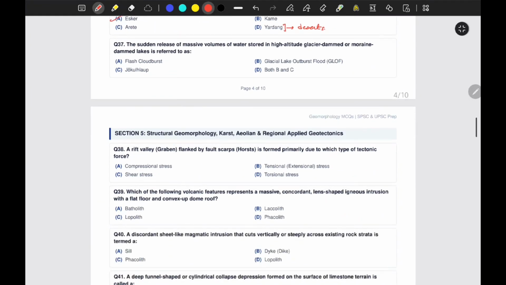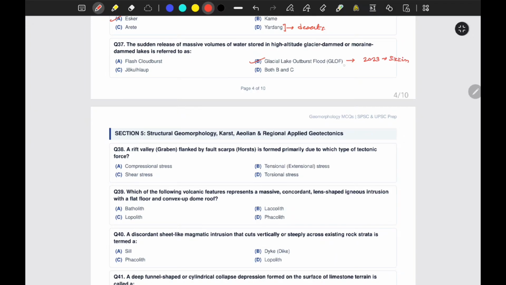Question number 37. The sudden release of massive volumes of water stored in high altitude glacier dammed or moraine dammed lakes is referred to as flash cloudburst, Jokulhlaup, or both B and C, or GLOF, glacial lake outburst floods. The correct answer is option number B. Okay, GLOF, for example, it was the same event that happened in 2023 in Sikkim.